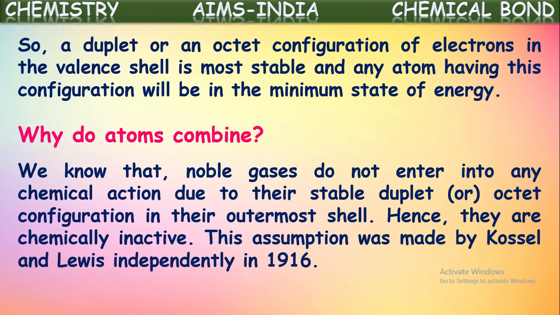At the same time, Lewis independently proposed that atoms combine together by sharing electrons between them. The same scientists proposed why other elements are active: the elements that do not have octet or duplet configuration are unstable and hence reactive, and the elements with duplet or octet configuration are more stable and hence are called noble gases.